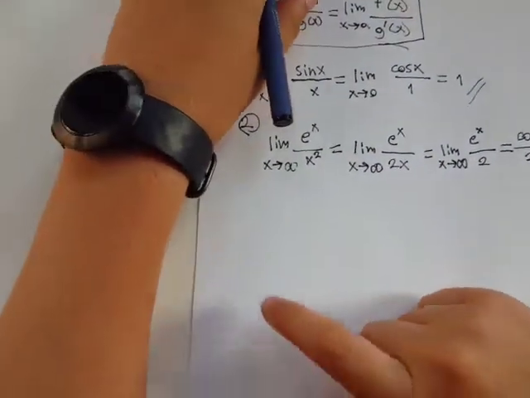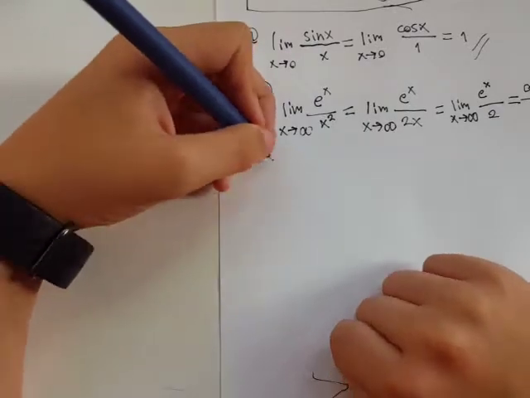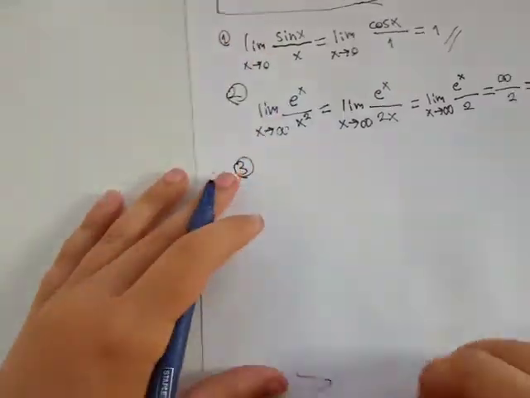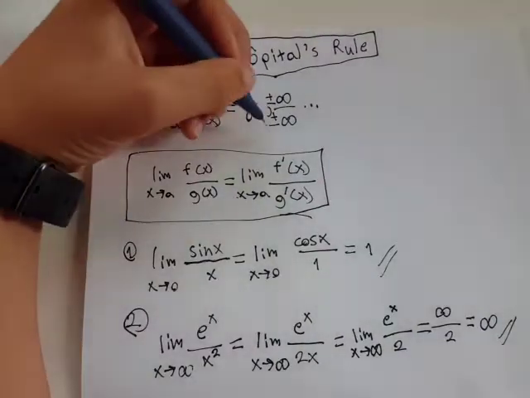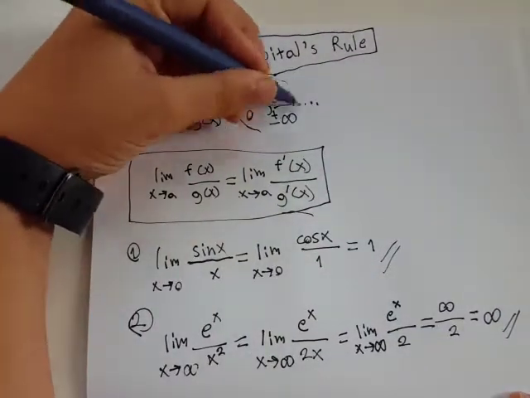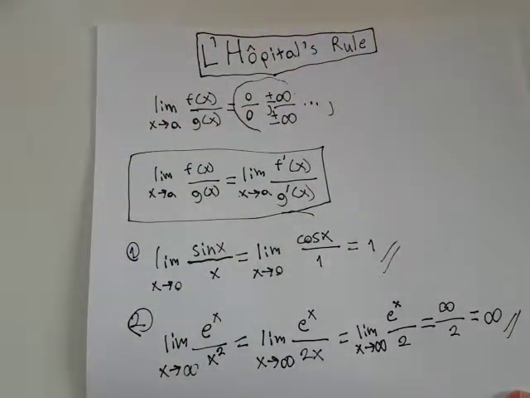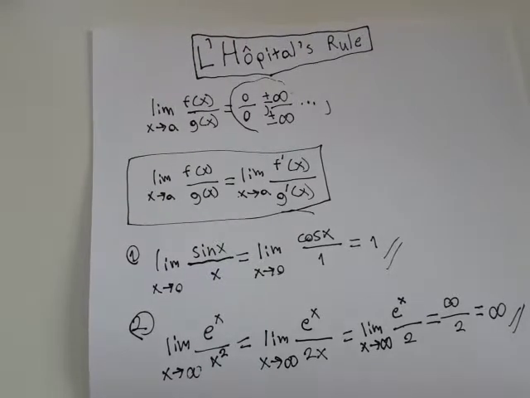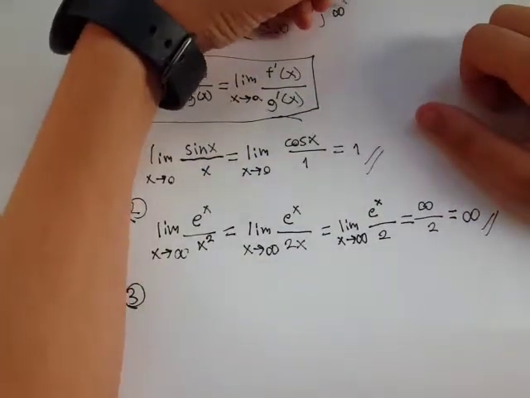That is the answer. Now let's look at a third example. This example does not have an indeterminate form like the previous two. It has another one: an indeterminate form of infinity to the power of 0.